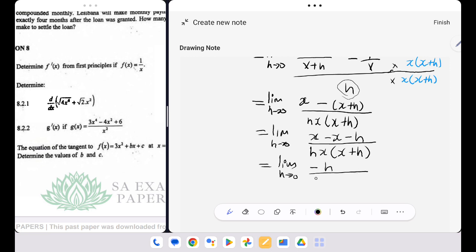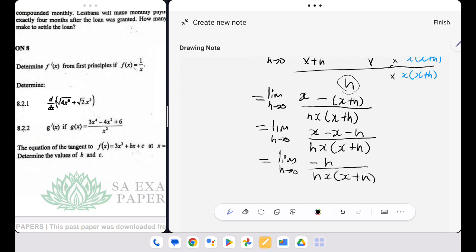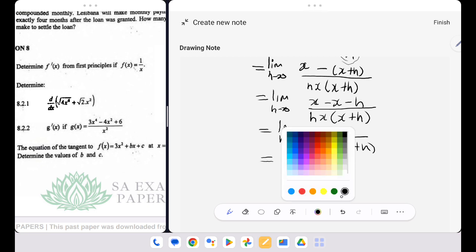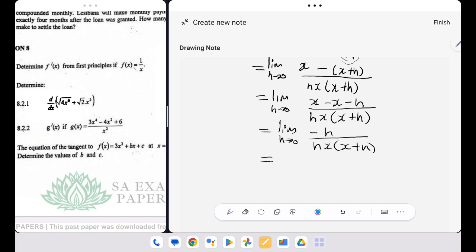I'll have a negative h there at the top, h, x plus h. These two will cancel one another because everything is multiplied, and whenever I'm dividing things that are the same, they will cancel one another. So I'll be left with limit as h approaches 0 minus 1 over x plus h.